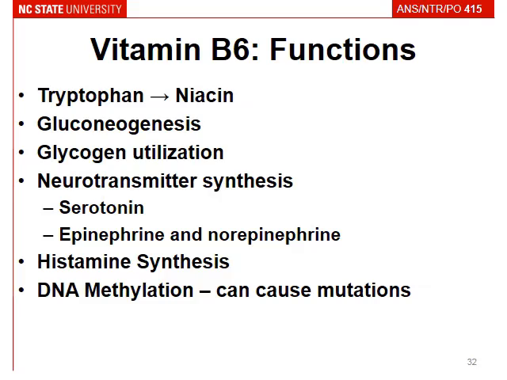Our B6 is necessary to make adequate levels of histamine, and that's what's actually giving you those lovely springtime allergies. And then it's also significantly involved in our DNA methylation. So if you have inadequate B6, because it's involved in these folate, SAM, and pyrimidine reactions, it can actually cause mutations because it's involved in our post-translational DNA methylation.